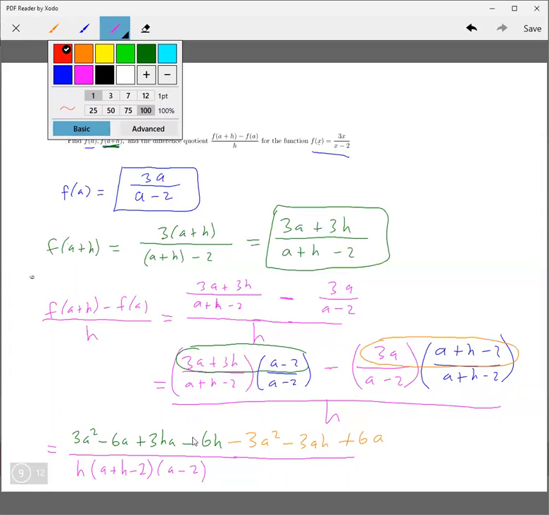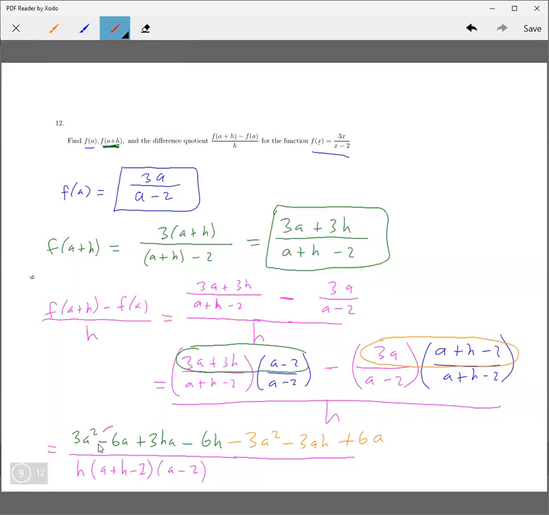Okay, now this and this are going to cancel. Okay, and then also, let's see what else. This and this are the same, or they're negative to each other.